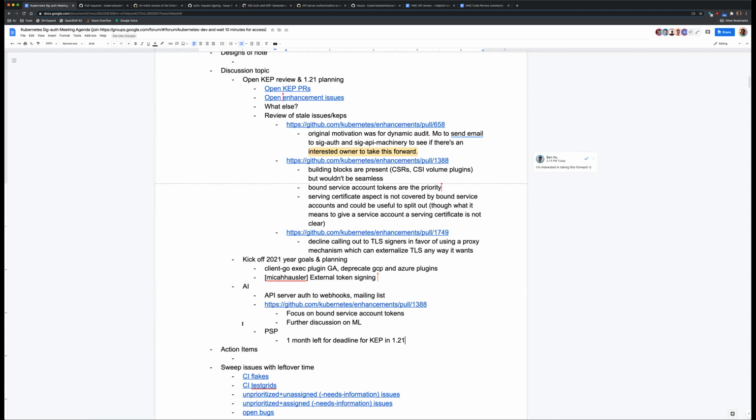Yeah, ideally, it would be cool to have an alpha for a replacement, but that would depend on a lot of things happening very quickly in an area where things have historically not happened very quickly. So I'm concerned that it would be cool, but not realistic to ship an alpha of a replacement in 1.21.